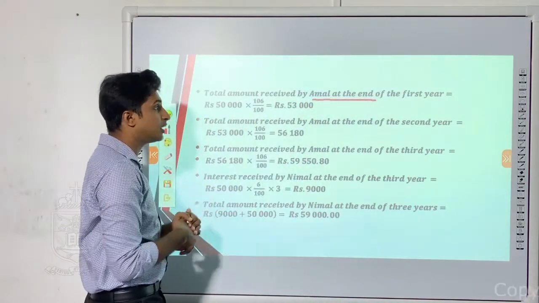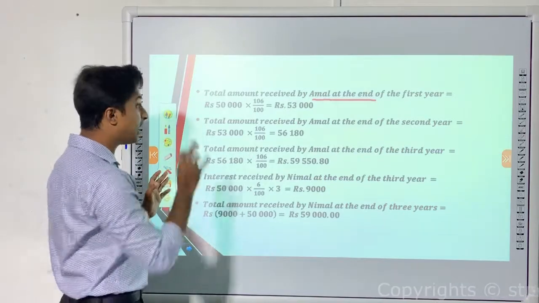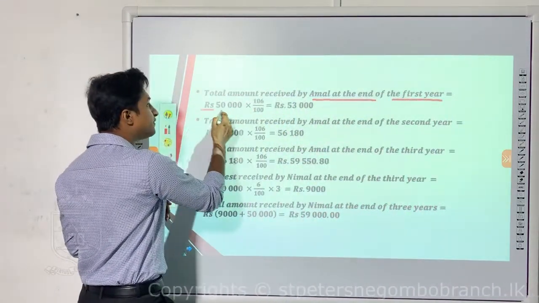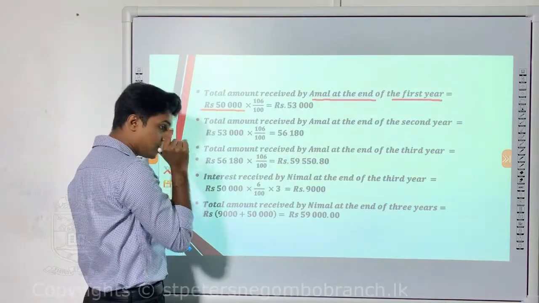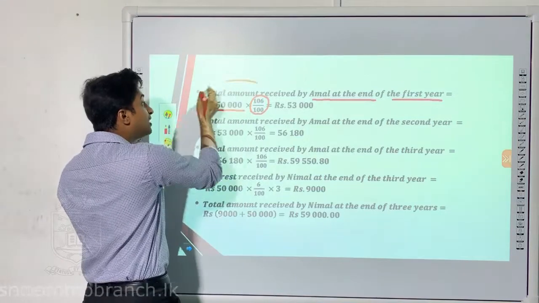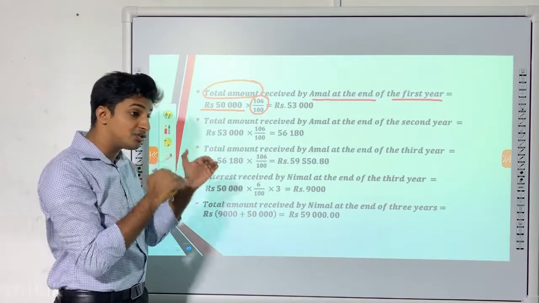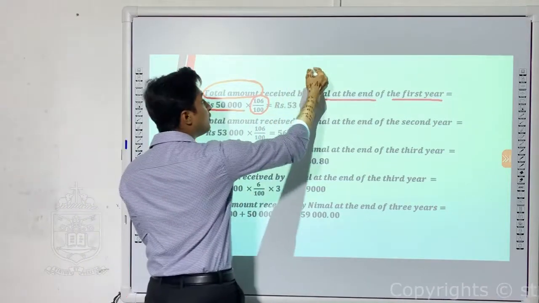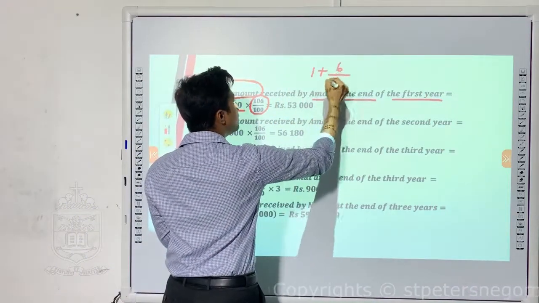compound interest account, at the end of the first year is rupees 50,000. That was the principal amount, the amount he deposited, into 106 over 100, because I am taking the total amount, I am not taking interest and then adding. That is why I have taken 106, that is 1 plus 6 over 100.